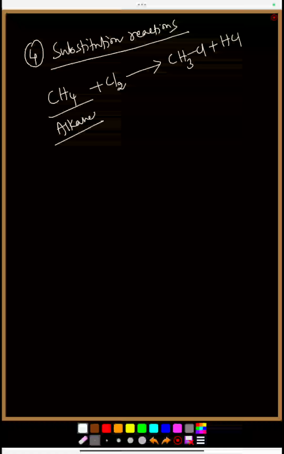So you need to understand here, alkanes are involved in substitution reactions with halogens and we get alkyl halides. From the alkane CH4, one hydrogen is replaced by, substituted by chlorine halogen. Which is called a substitution reaction.